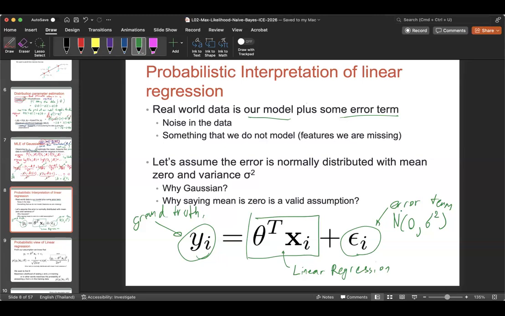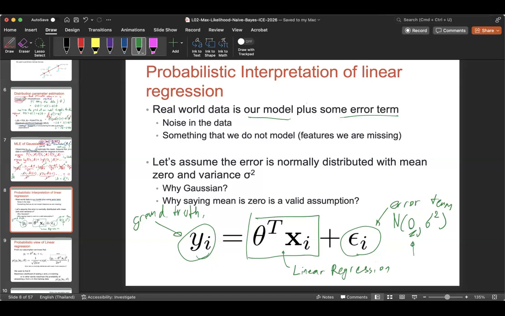But what about this zero mean? Assuming the error has zero mean, is it okay? Can I have an error that actually has a mean of 1? Is it possible?